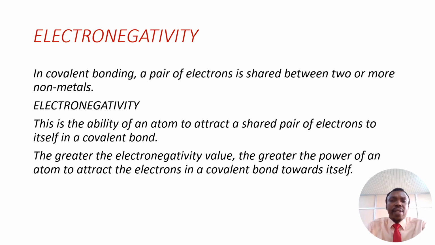The more electronegative element draws the pair of electrons to itself in a covalent bond, while the less electronegative element becomes electron deficient. So the greater the electronegativity value, the greater the power of an atom to attract the electrons in a covalent bond towards itself.